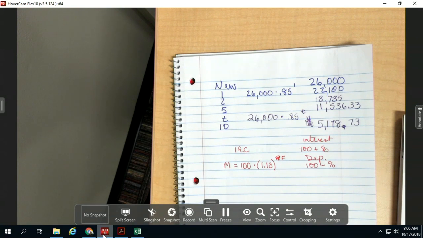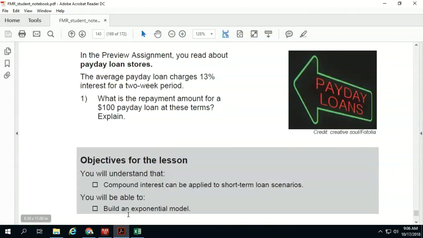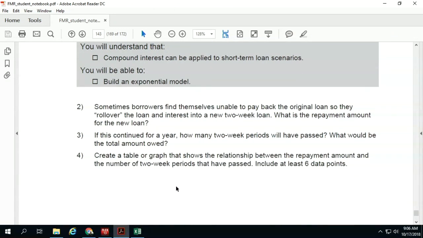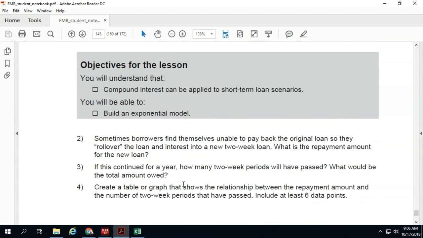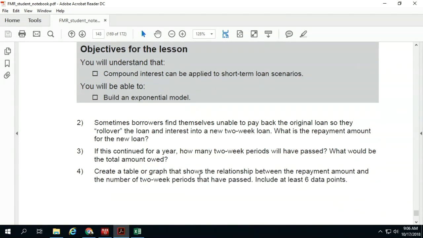After 1 period, we don't even need our calculator. We would have to pay back $113. After 2 of those periods, we'd have to pay back 113 times 1.13. It should be about 120 something.